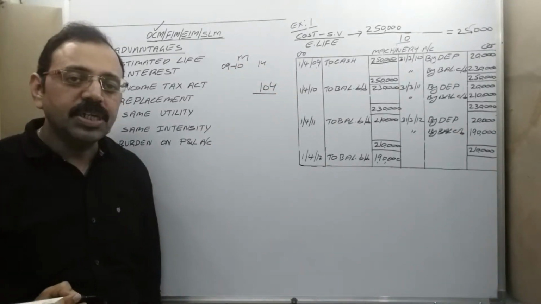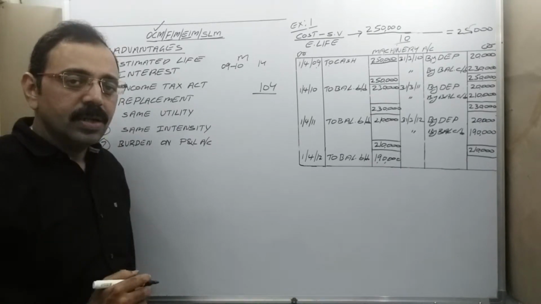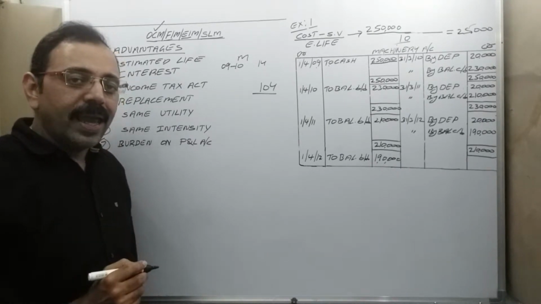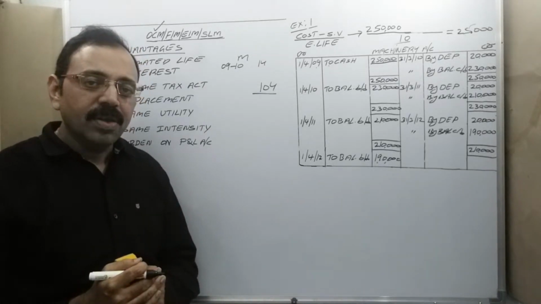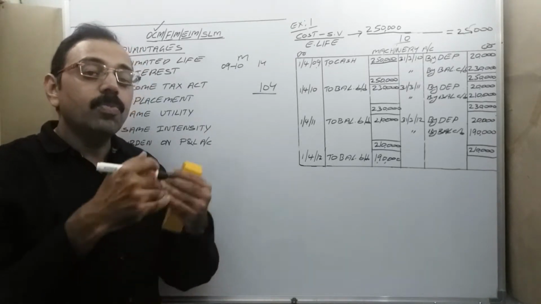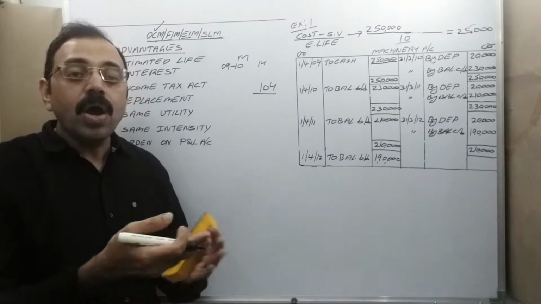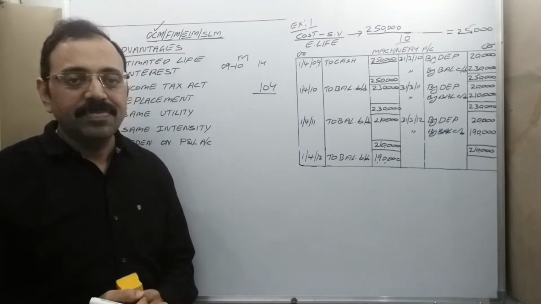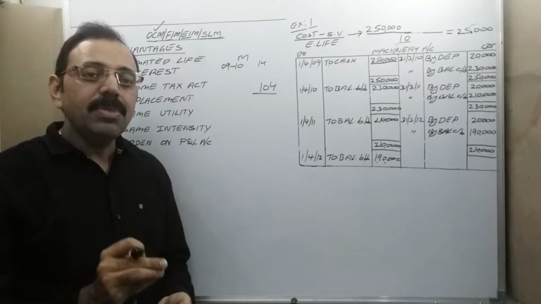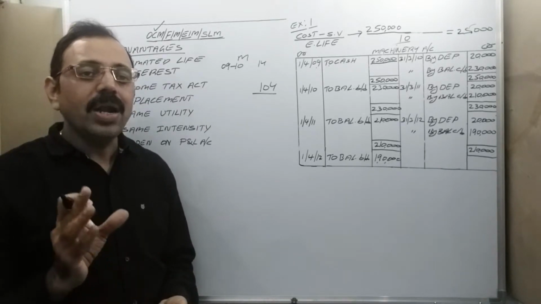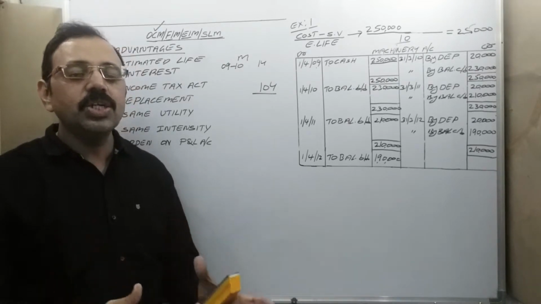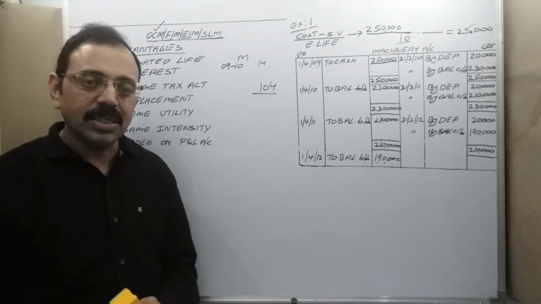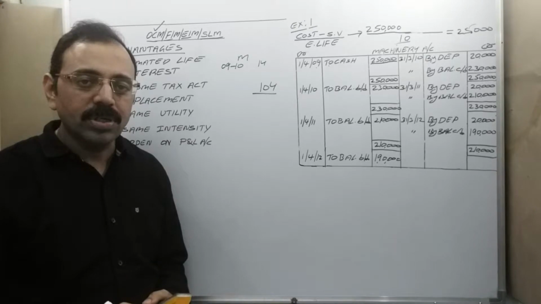The estimated life of this machine is 10 years. What is the guarantee that exactly till 10 years only we can use that asset? We may use that asset for more than 10 years or less than 10 years. So if the estimated life is not an accurate figure, then we cannot use the fixed installment method on that type of assets. Then immediately we'll get a doubt.